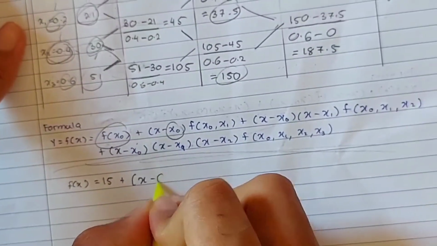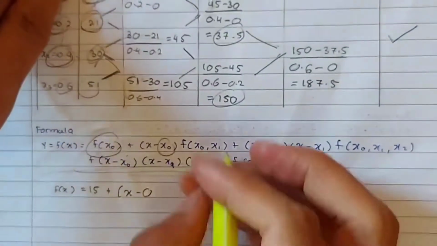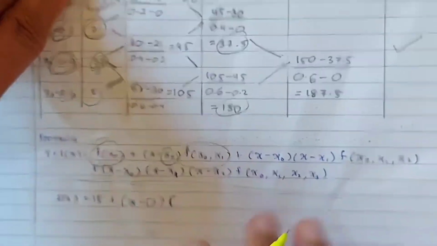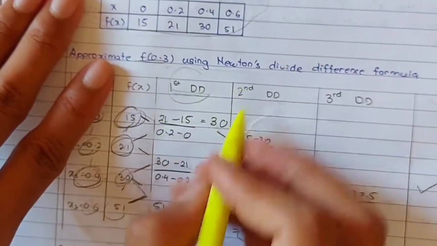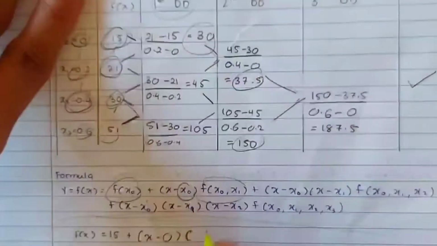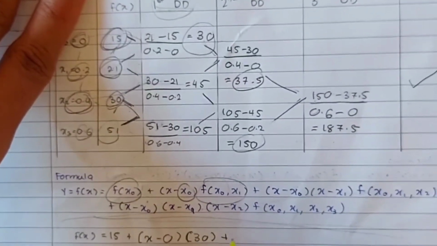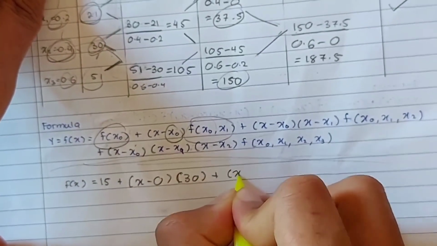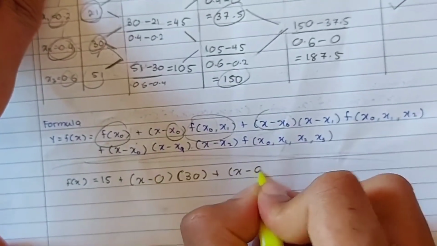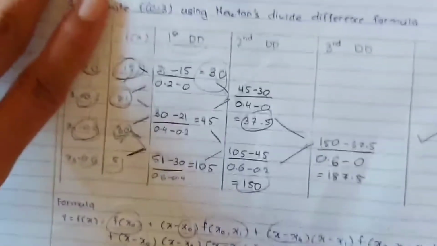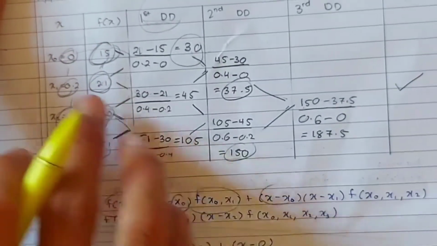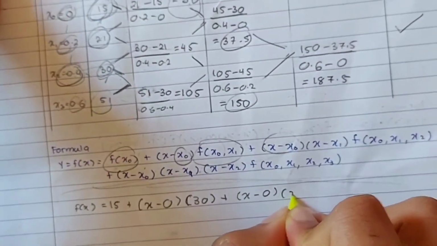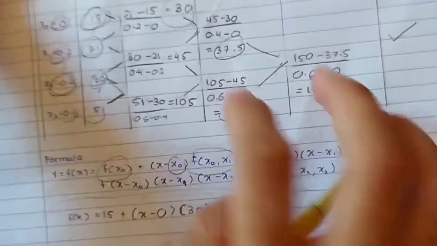And then we multiply by our first divided difference, that is 30. Plus x minus 0 and x minus x1, that is 0.2, and multiply by the second divided difference, that is 37.5.